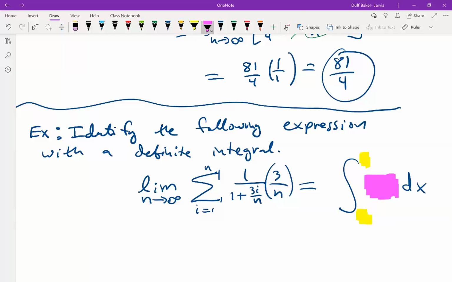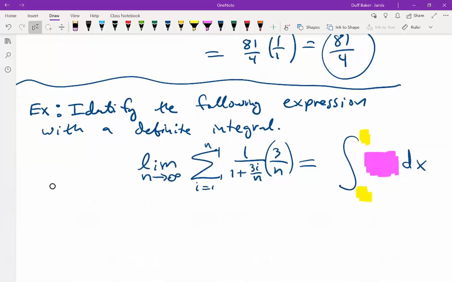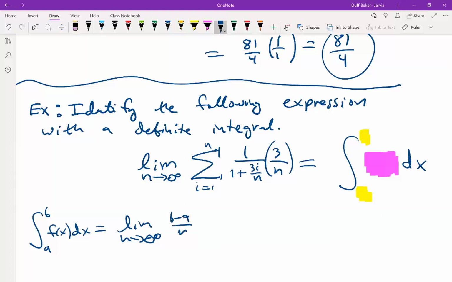And maybe it can help to compare this side by side, right? So the definition of the integral from a to b of some function is defined to be the thing we just wrote down like three times: delta x times the sum of the heights of the rectangles at right endpoints.